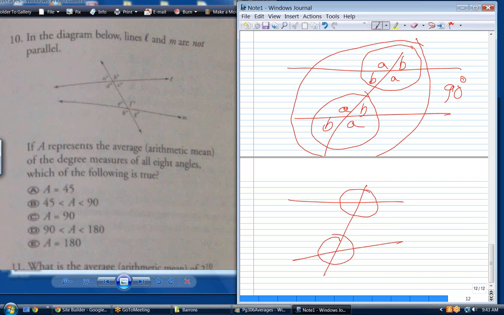In other words, it doesn't matter if these are parallel or not, because if they're not parallel, these two have to be supplementary and those two have to be supplementary. So you still have to add to 360 there, and same thing there. They have to add to 360. So being parallel doesn't affect the average angle.